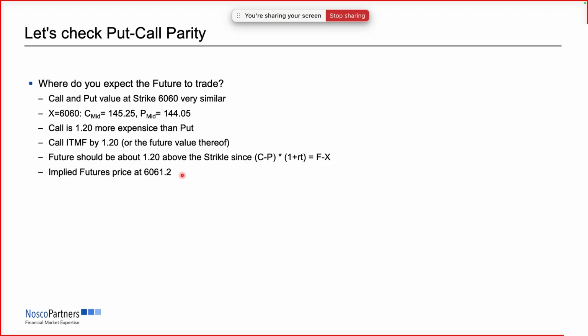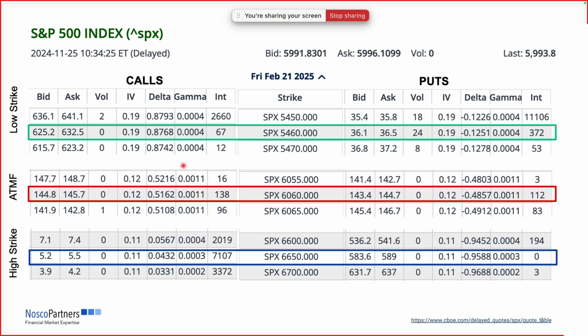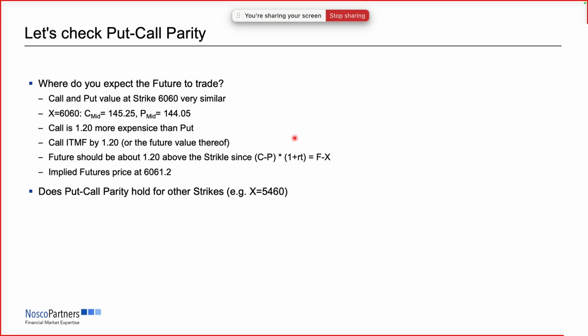Once you have that, you could of course go back and check how this is then true for the other options. I did that for options which are in the money by about 600. So does put-call parity hold for other strikes?